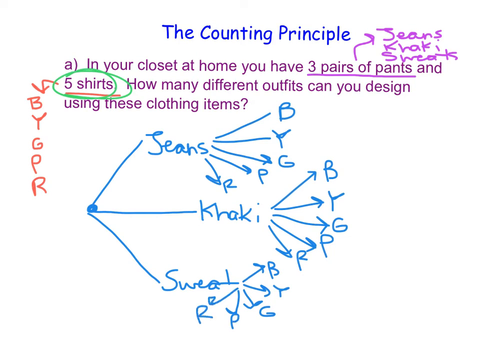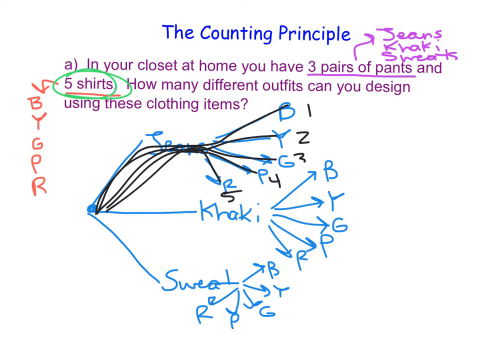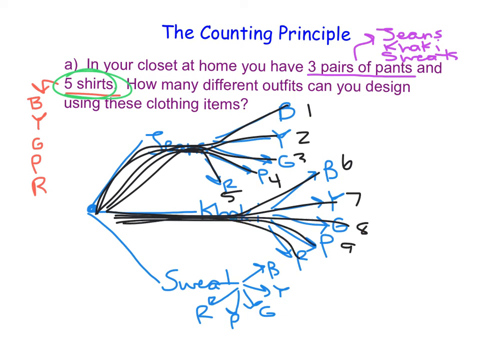So what I can see here in this tree diagram are all of the different outfits that I can make using these different clothing items. So here is option 1, option 2, option 3, option 4, and option 5. 6, 7, 8, 9, 10, 11, 12, 13, 14, and 15.